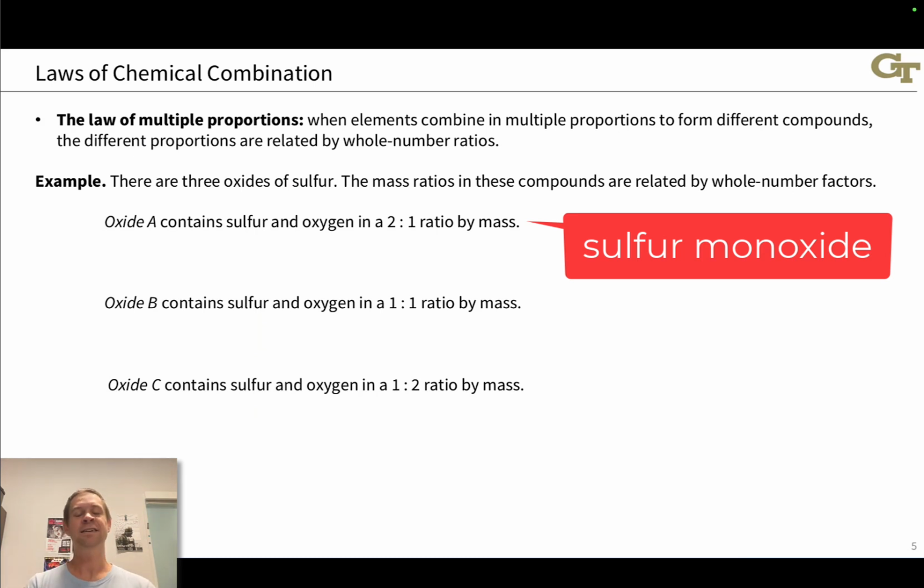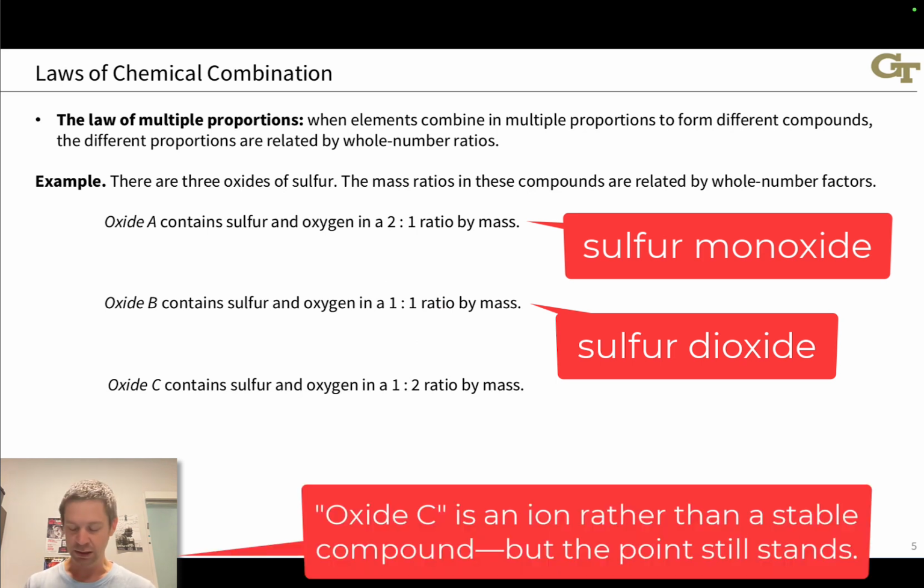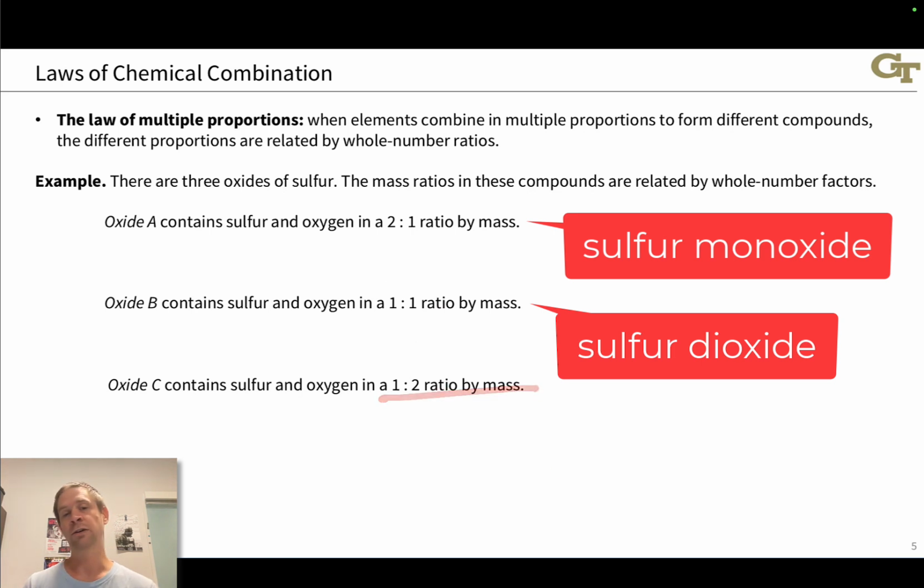If we add a little bit more oxygen to bring this ratio up to 2-to-2, or 1-to-1 in a simplified version, we get oxide B, which again contains sulfur and oxygen in a 1-to-1 ratio by mass. If we add still more oxygen, the next oxide of sulfur, the next stable compound containing sulfur and oxygen, contains sulfur and oxygen in a 1-to-2 ratio by mass.